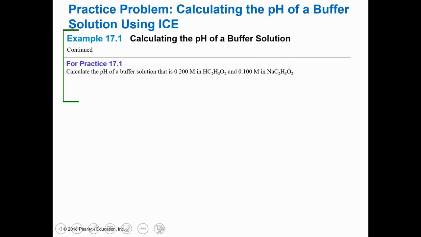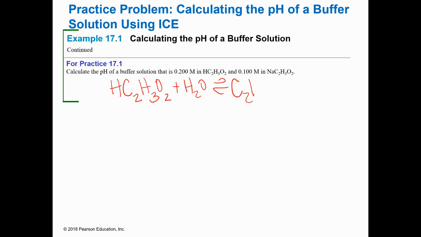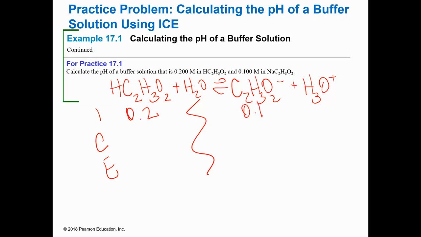All right, so let's do a slightly different one. Now it's changing. So we've got the same equation, HC2H3O2 plus water yields C2H3O2- plus H3O+. I've got 0.2 of this now. Don't care about water. I've got 0.1 of my sodium acetate, and I've got 0.